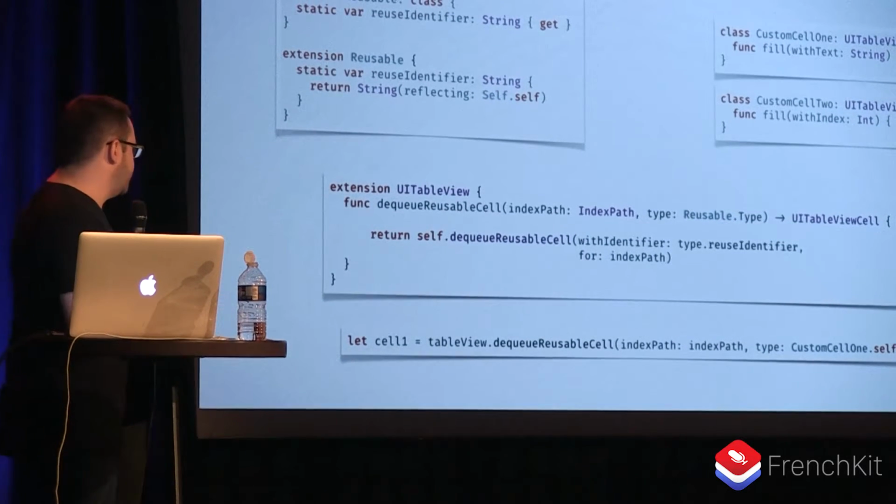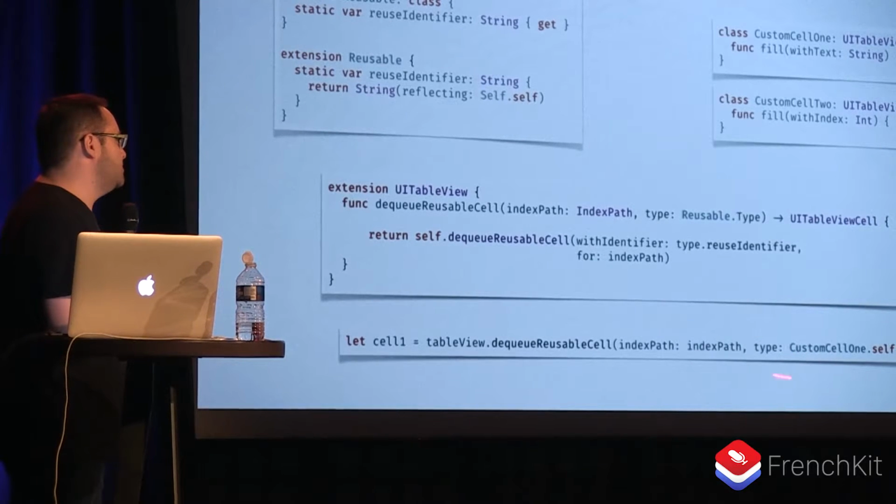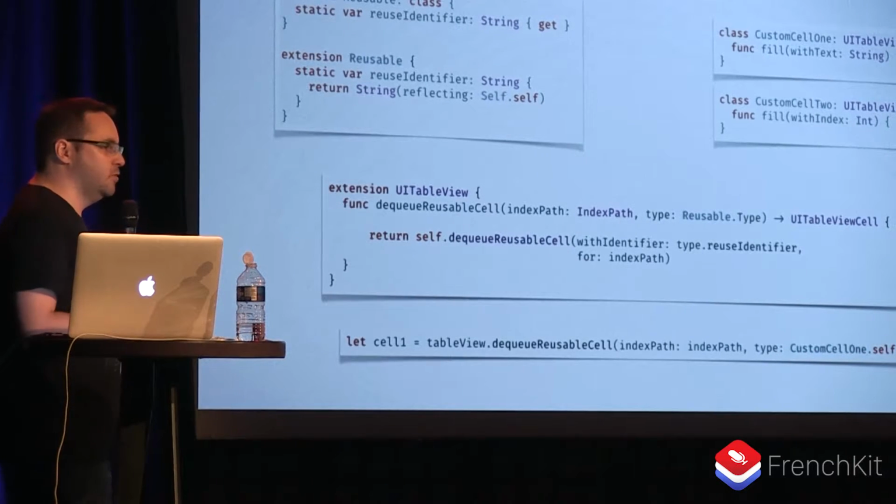So with that, you can now call tableView.dequeueReusableCell with a type that will be CustomCell1. So now you don't have to create constants or hard-code strings when you dequeue a reusable cell. You have some auto-completion, well, if Xcode is in a good mood.